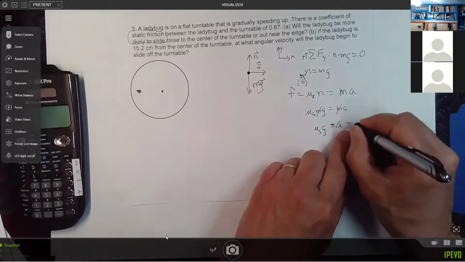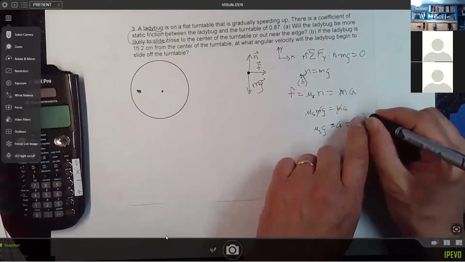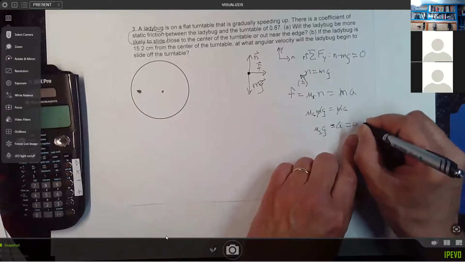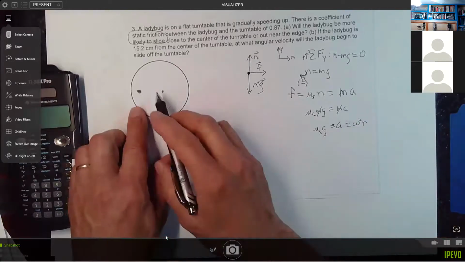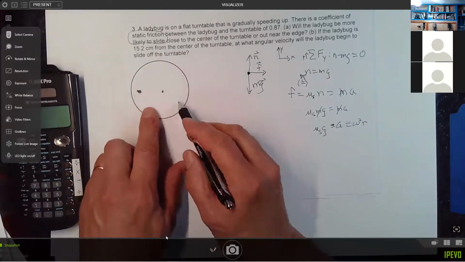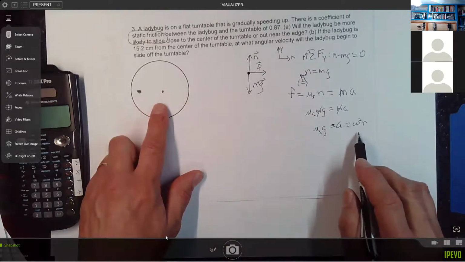And that centripetal acceleration could be written as v squared over r, but it can also be written omega squared r. And if you're on a turntable, every point on the turntable has the same omega, the same angular velocity.